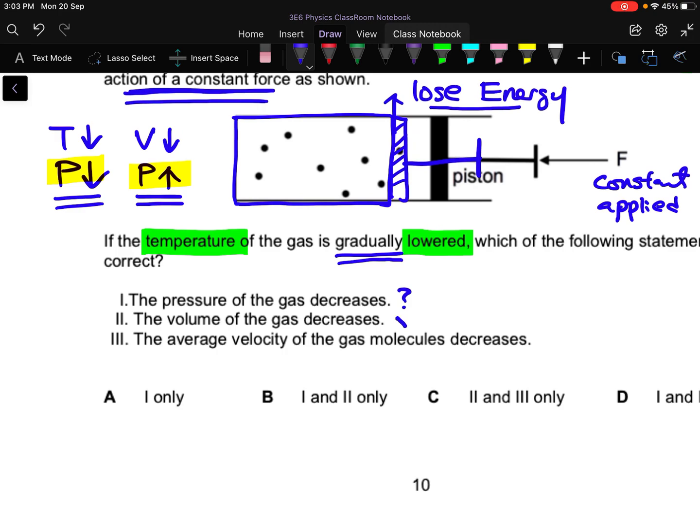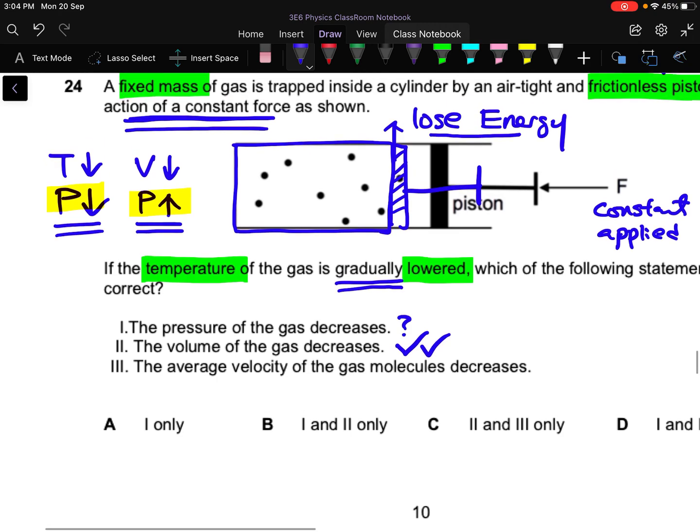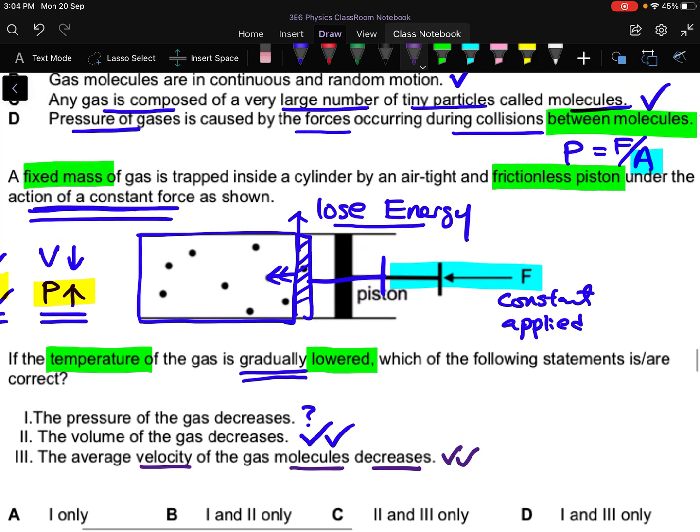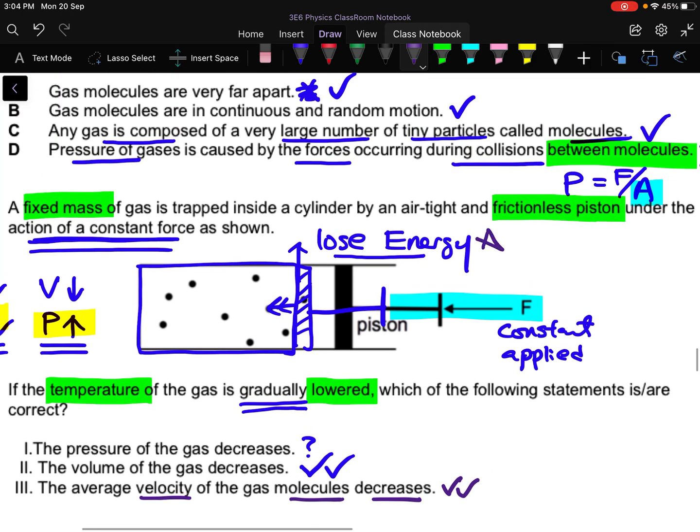Volume of the gas drops. This is for sure true because you are pushing the piston inward due to this constant force. Average velocity of the gas molecules drops. This is also true because when you reduce the temperature, you are losing energy, and when a molecule loses energy, it is going to move slower.